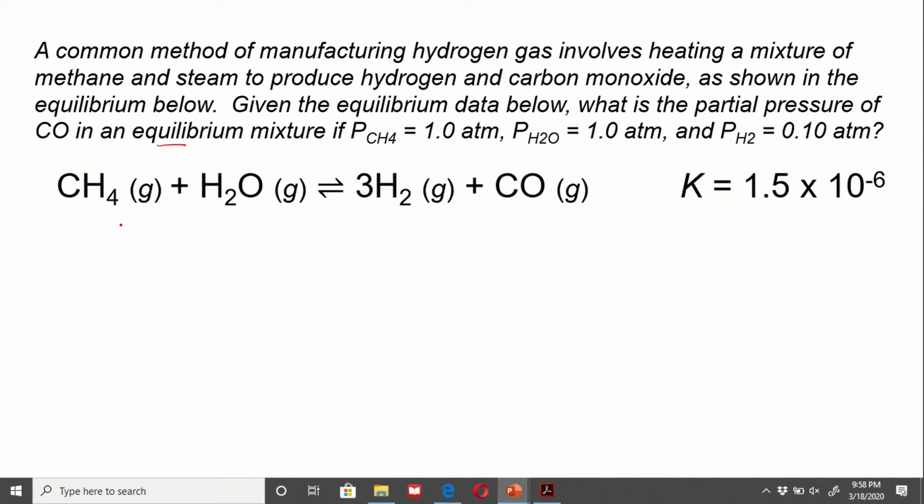This reaction, a methane and water reaction mixture, results in hydrogen gas and carbon monoxide. Now this reaction is at equilibrium, and you are provided with the equilibrium constant, so you can consider this as Kp, because we are using partial pressures.